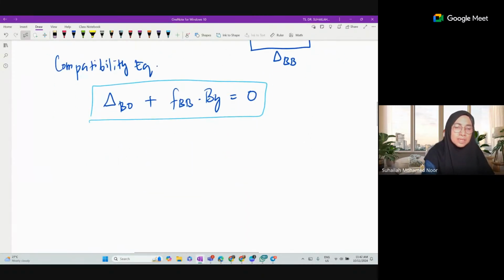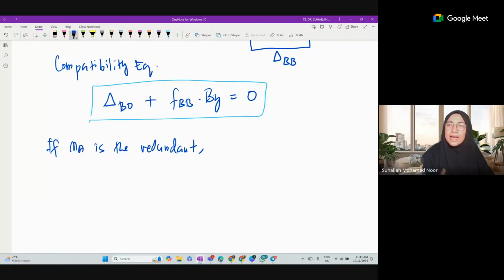Actually, whenever we choose a different redundant, for example, if MA is the redundant, we can have the compatibility equation directly using the same format.